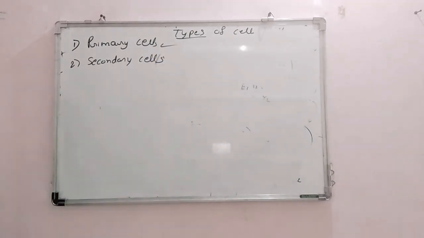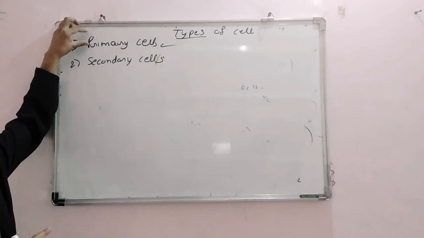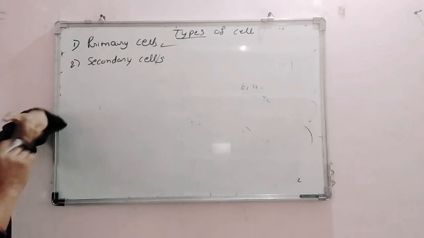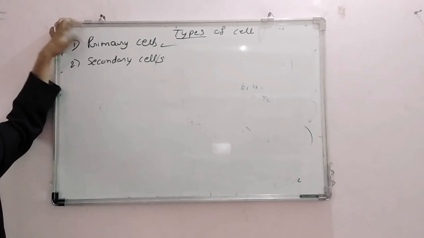Primary cells means these cells can be used only once. These cells cannot be reused. Once you use the cell and once the cell gets discharged, the cell cannot be charged again and again. For example, your dry cells, whatever you are using for the battery, torch, or many other things, you know about that.